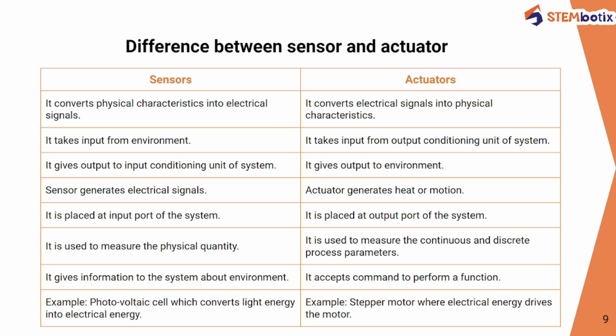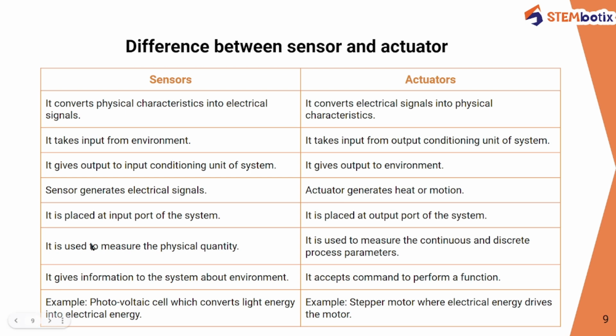So let us see now the difference between sensors and actuators. As we discussed what sensors are and what actuators are, we know that sensors convert the physical characteristics into electrical signals, whereas actuators convert the electrical signal into physical characteristics. So they are opposite to each other.